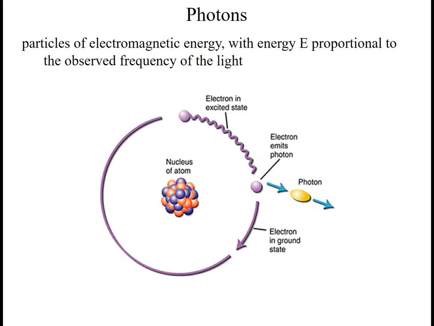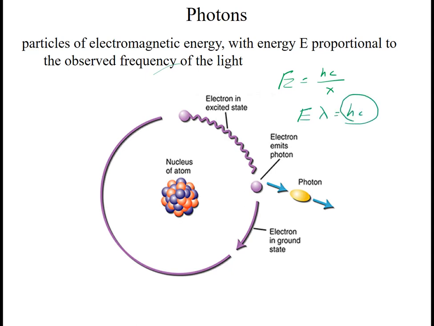Last part of this section has to do with photons. Photons are the particles of energy, and it's proportional to the observed frequency of light. We just saw that. We saw the fact that E is equal to hc over lambda, and if I multiply both sides by lambda, I get E lambda is hc.